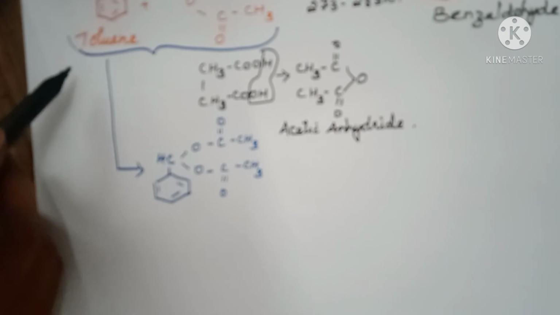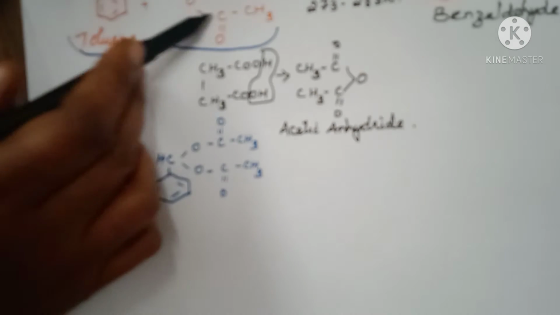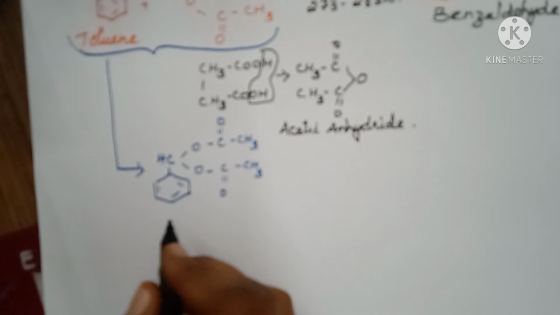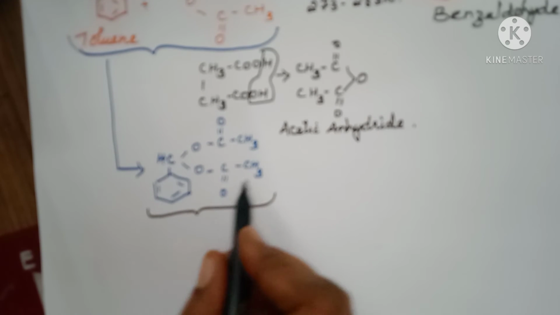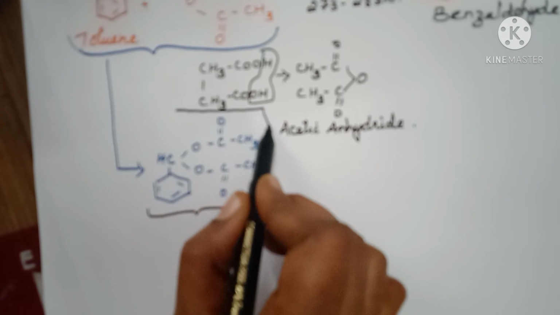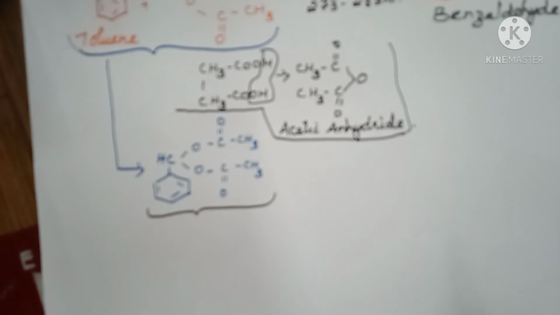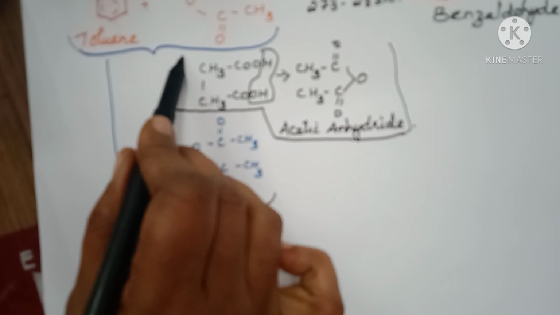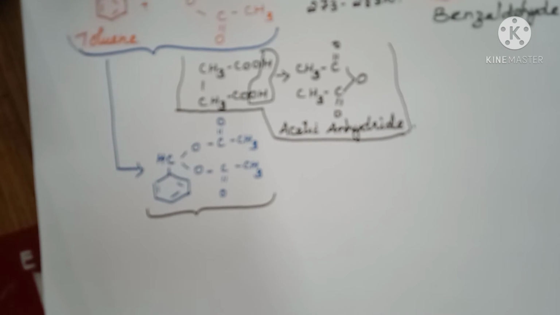Okay, here I will write the intermediate compound, the shortcut method. Here the same thing is received. This is a complex of anhydride with toluene. How do we get the acid anhydride? I have given an idea.